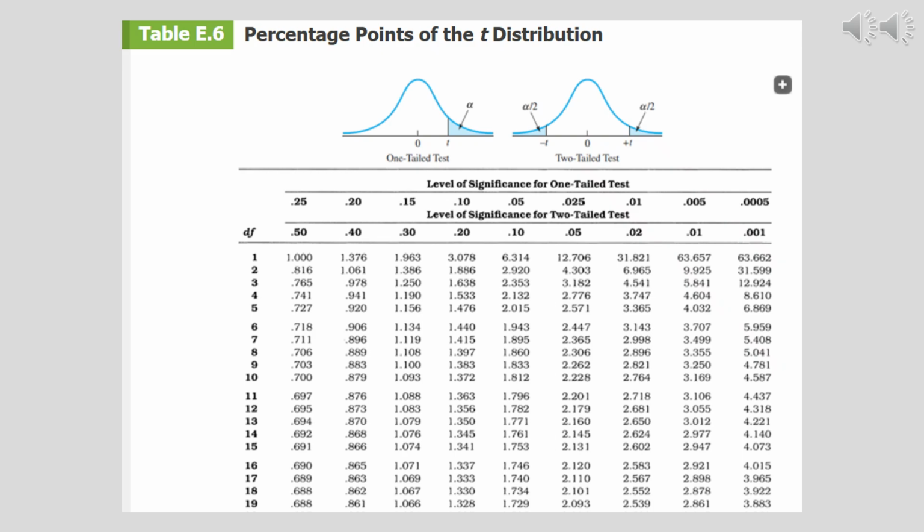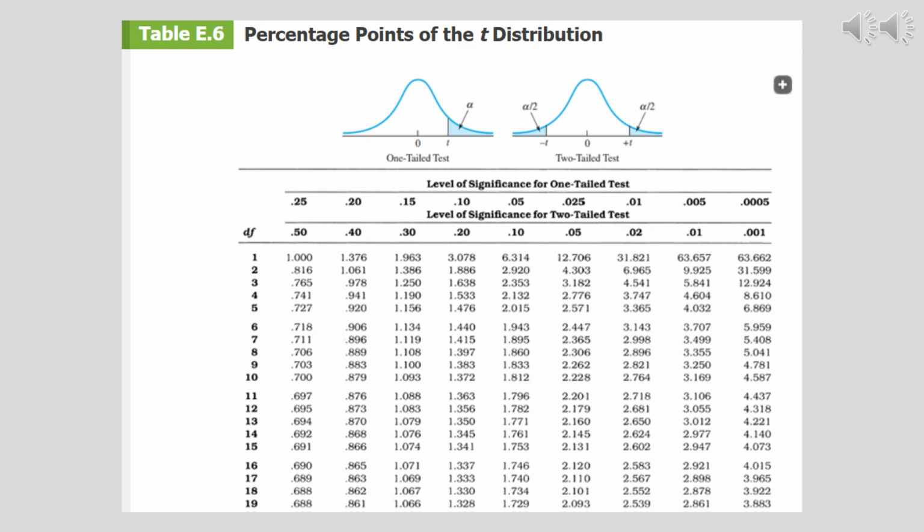So we want to find a t-score that falls in the critical region, and that allows us to say it would be very, very unlikely, low probability, to see such an extreme t-score, in other words such an extremely high correlation, 0.93, if in fact the null hypothesis was true.